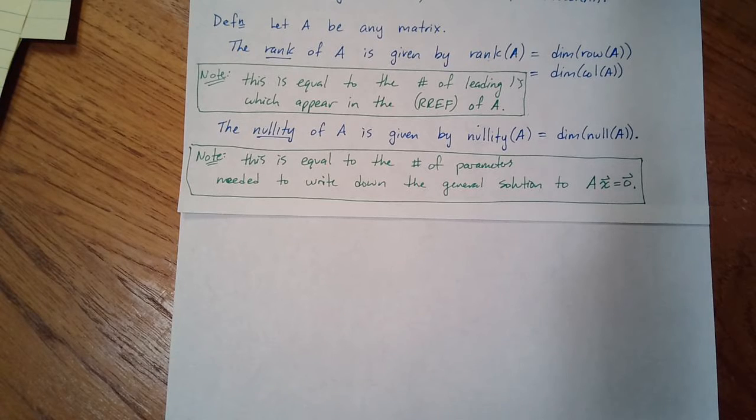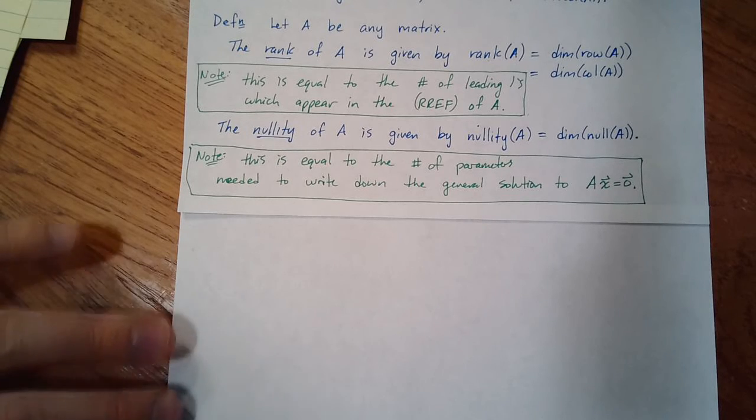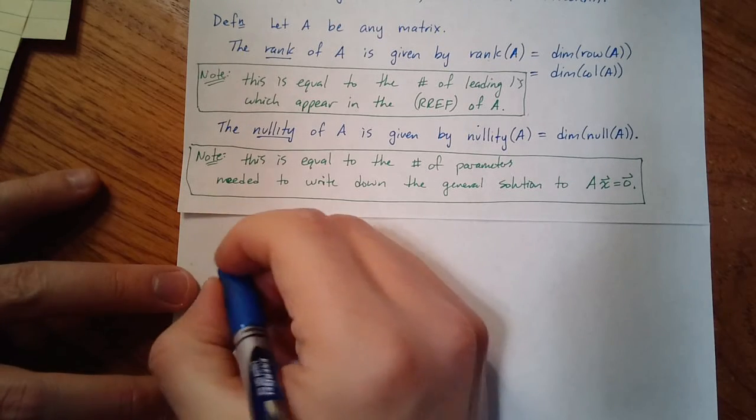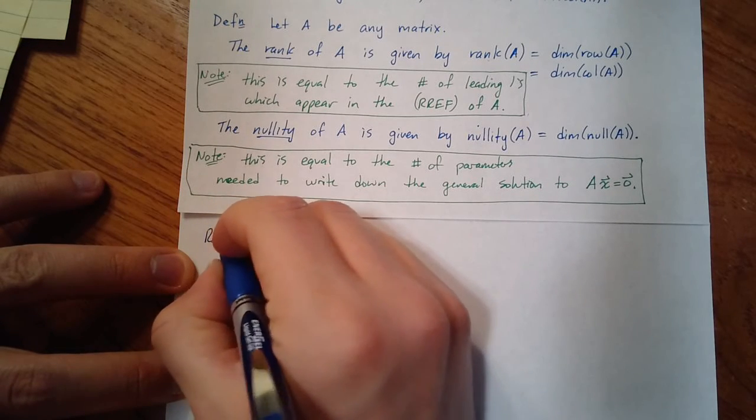So every column either has a leading one or that corresponding variable gets assigned a parameter. So it shouldn't be a surprise that the number of parameters that you need plus the number of leading ones that you get in the reduced row echelon form of the matrix A, those two numbers are going to add up to precisely the number of columns of the matrix A. So that's really what the rank theorem says.